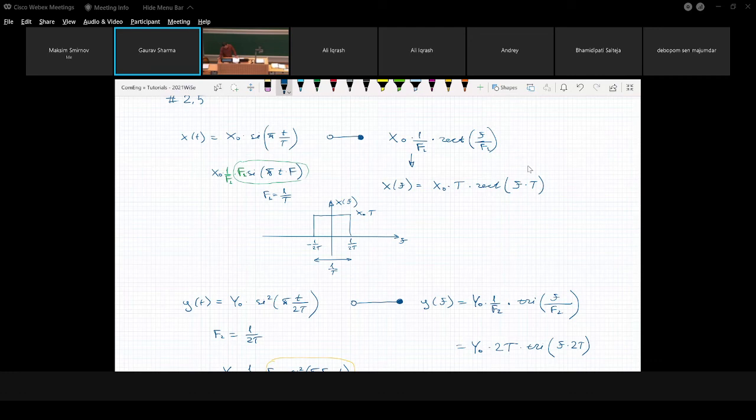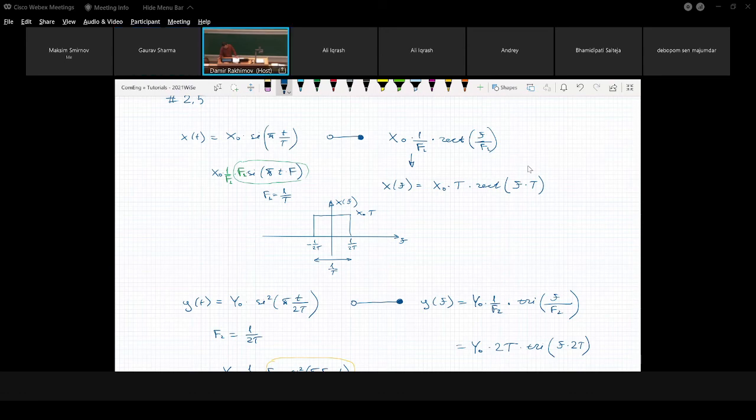The magnitude which you have found is x naught. It should be equal to the area of the rectangle, but it is not matching. You have written X of f is equal to x naught of T into rect f into capital T. Yes. But the area that you get from the diagram is x naught times 1 upon T, which is x naught. So it is not valid. It is wrong.